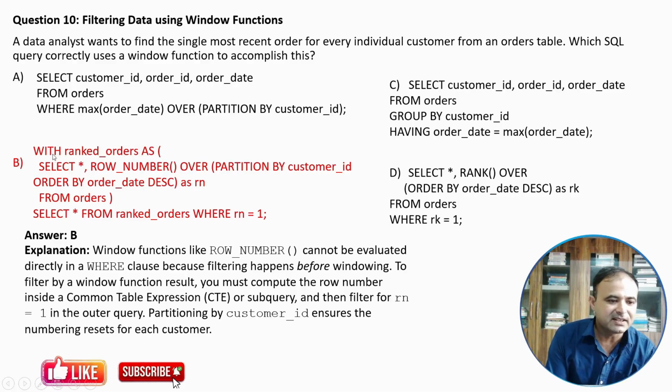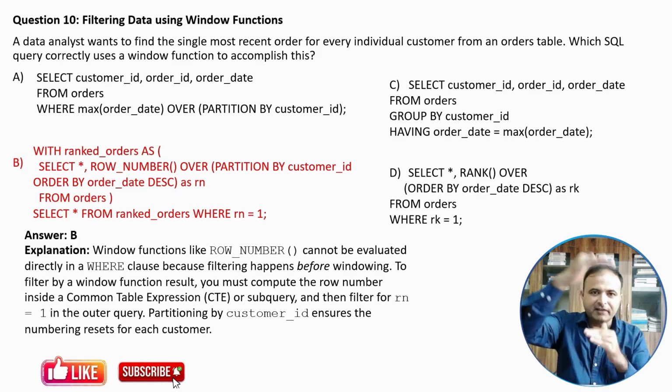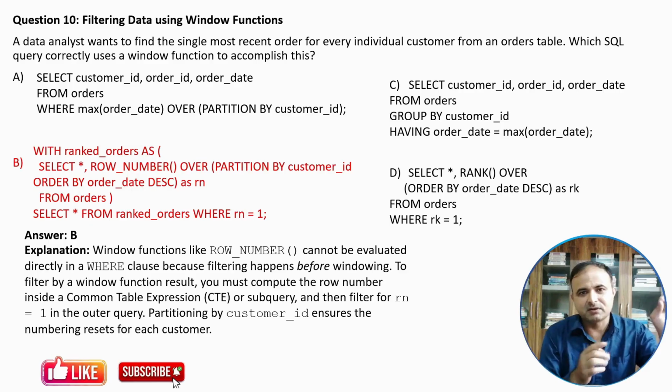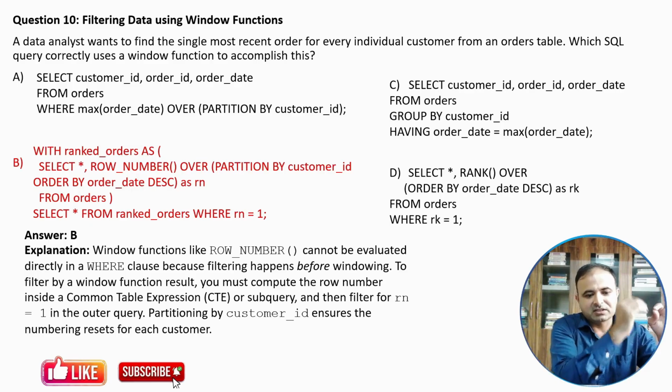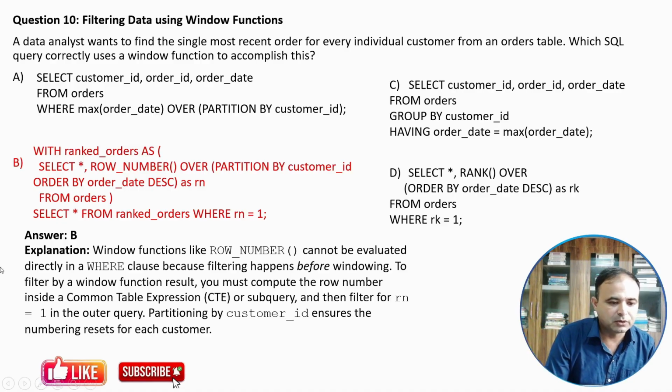We have created a CTE, WITH ranked_orders AS SELECT * FROM orders, providing the ROW_NUMBER, with PARTITION BY customer ID and ORDER BY order date descending. So for each customer ID, it provides a row number.